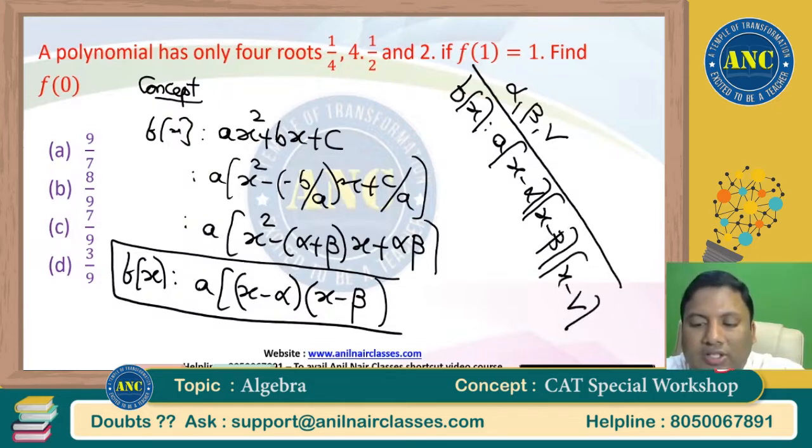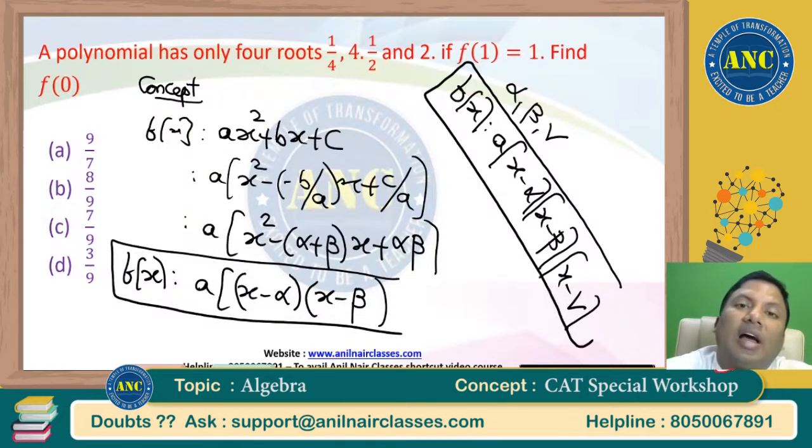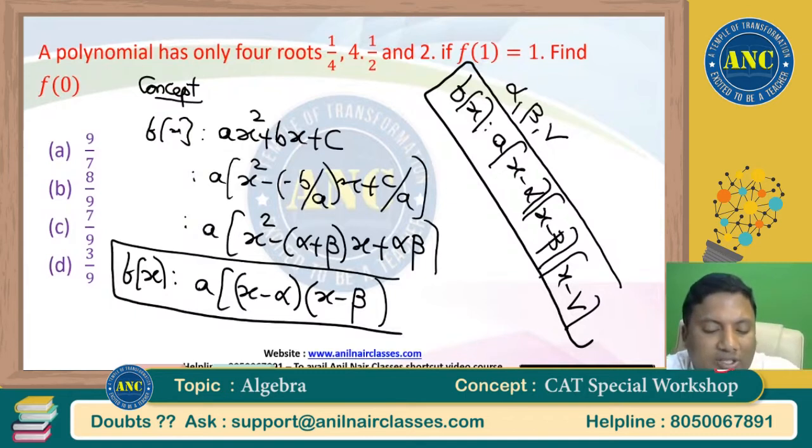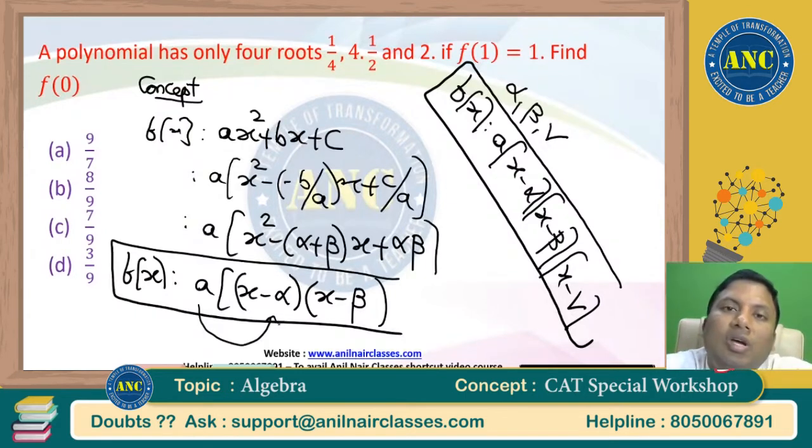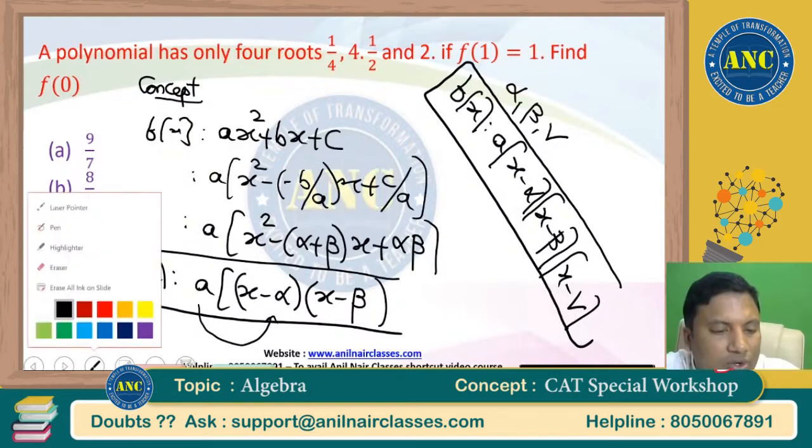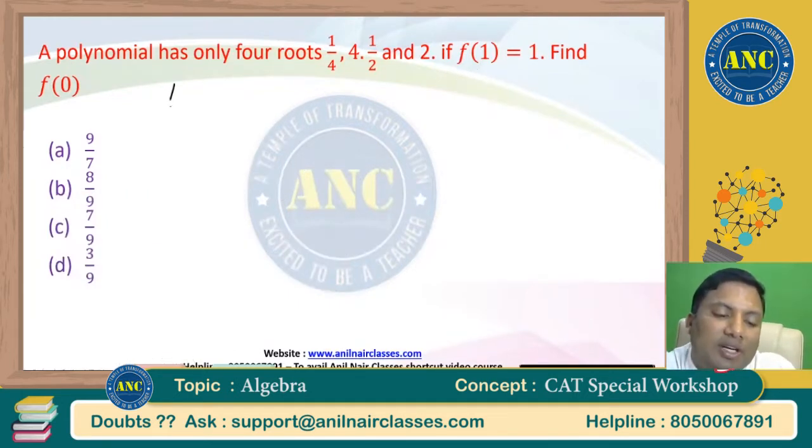I hope this concept is clear to you. This will help us in finding the value of a, if f of k, some value, is given. Any quadratic expression can be written as a into (x minus alpha), (x minus beta). Now let us solve this question. A polynomial is there with degree 4.